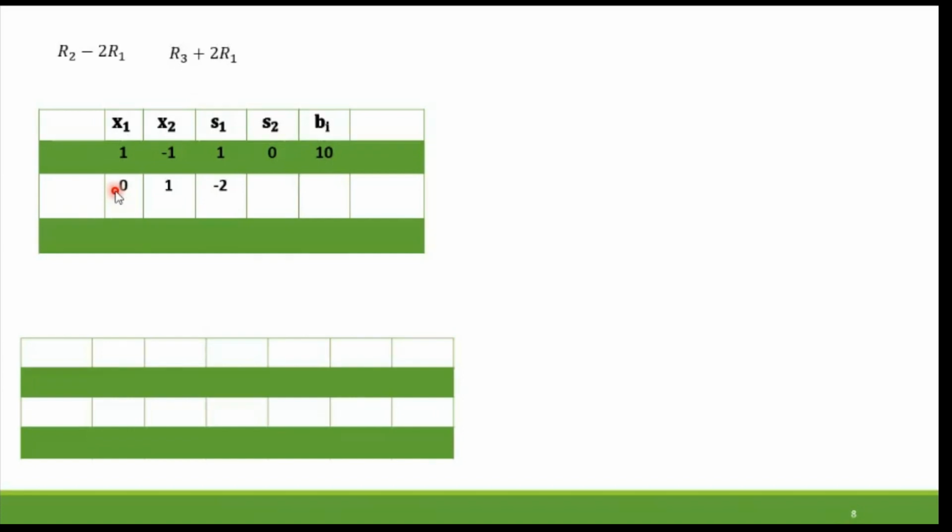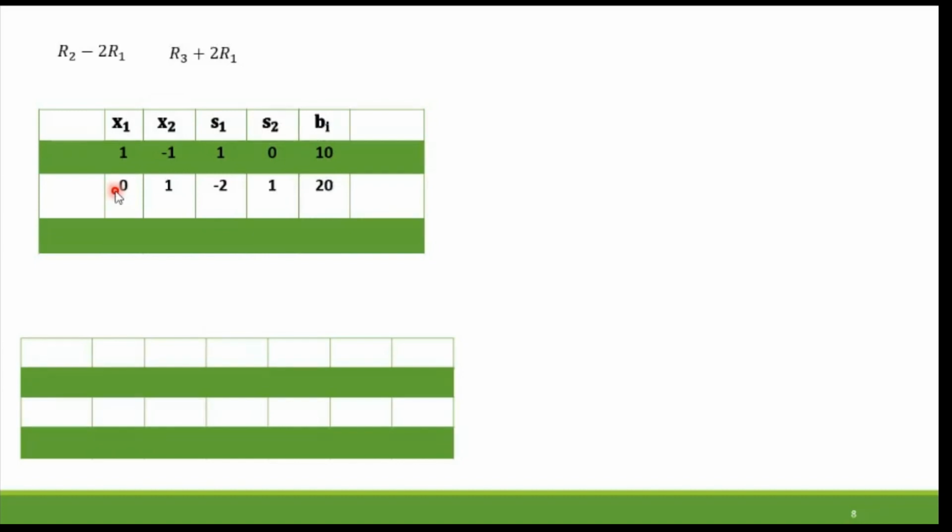Fourth element is 1. Okay, and the last BI column 20. Fine. ठीक है, 20 आ गया.